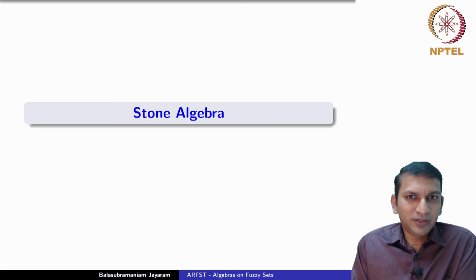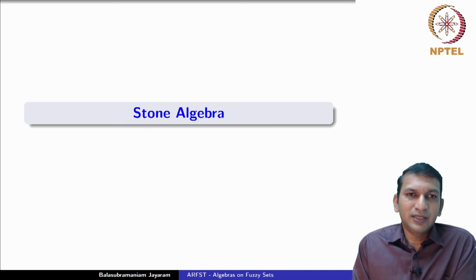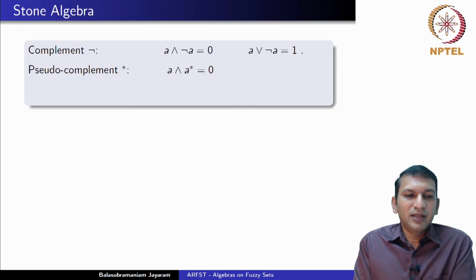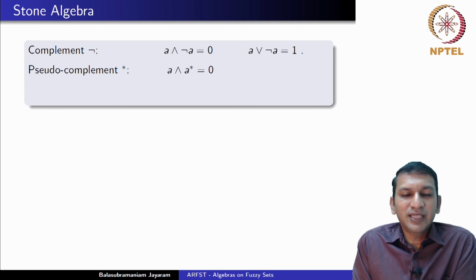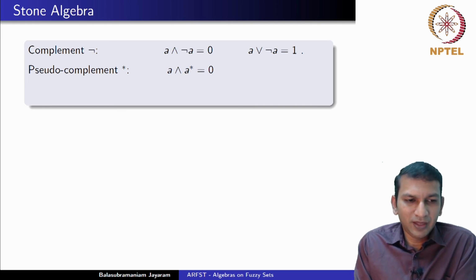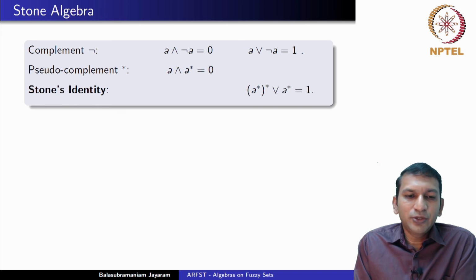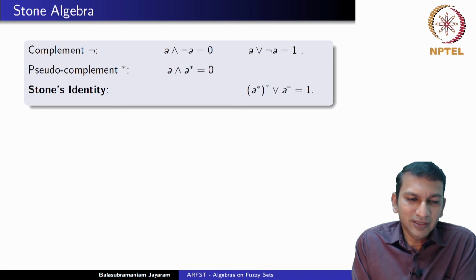Let's not stop at that. We discussed and said that we should try and get as rich a structure as possible. Now once again compare complementation and pseudo complementation. We see that pseudo complementation differs in that the second identity is not valid. Stone introduced a particular identity which is given like this.